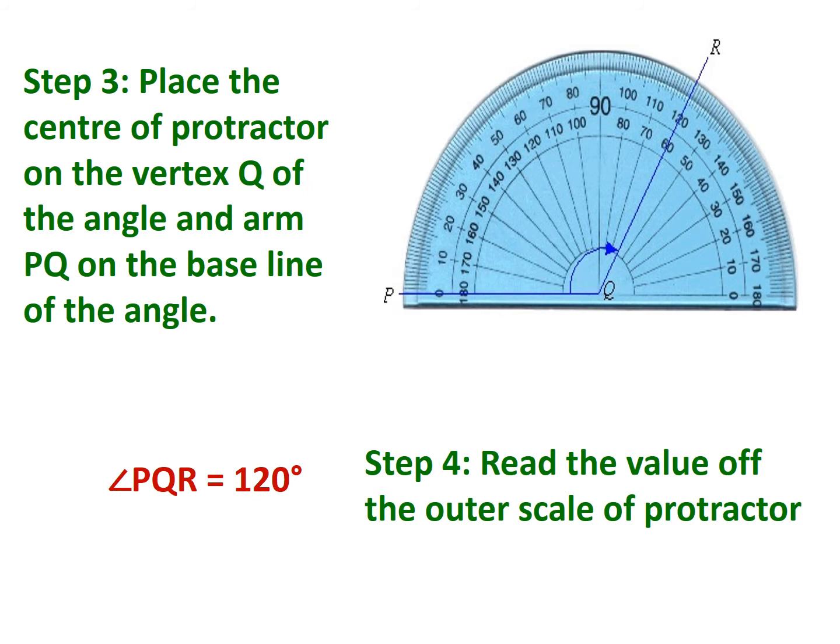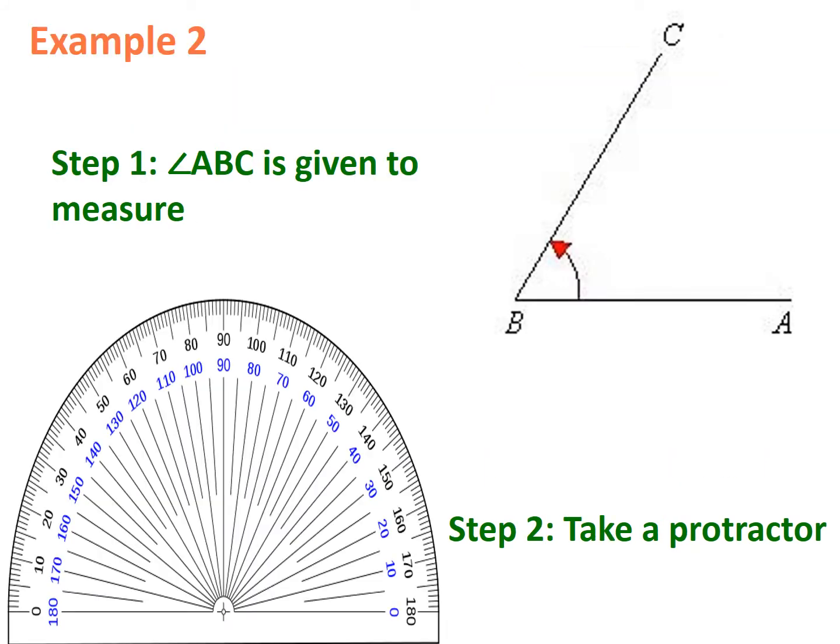In step 4, following the outer scale around the protractor, we find that the other arm QR passes through the outer scale at 120 degrees. So the measurement of angle PQR is 120 degrees. Clear? Let's take one more example.